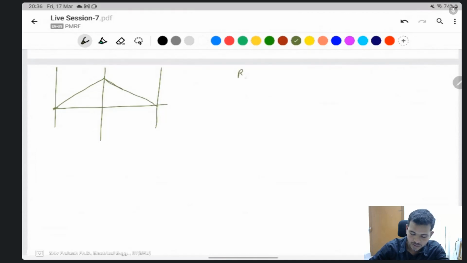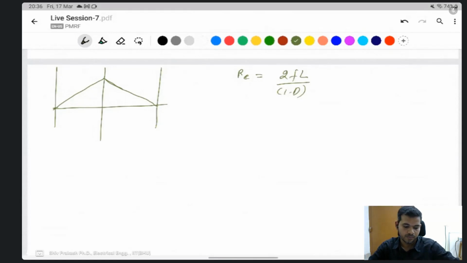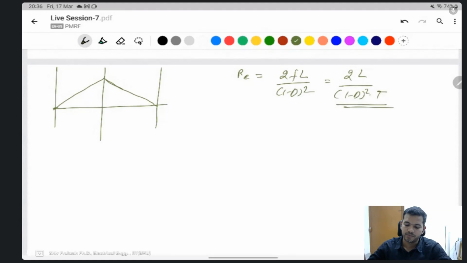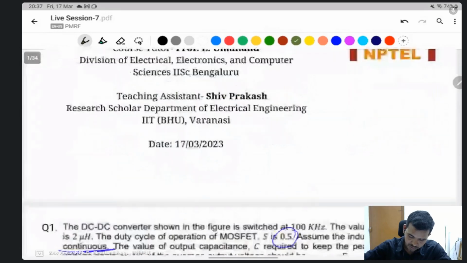But here it is a buck-boost converter, where this one is squared, so it is (1 minus D) squared. So 2FL by R is equal to (1 minus D) squared, taking the frequency on the other side, so 2FL divided by (1 minus D) squared is equal to R. Is that the same? Okay.